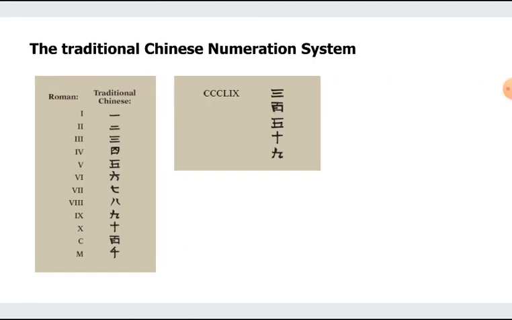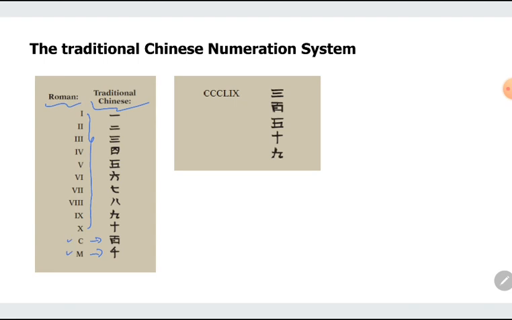Now, let's go to the traditional Chinese numeration system. So what we see here is an equivalency between the Roman and the traditional Chinese. The 1 to 10 numerals from the Romans have an equivalent 1 to 10 from the Chinese. And then they also have a character for C and a character for M, which is 100 and 1000 respectively.